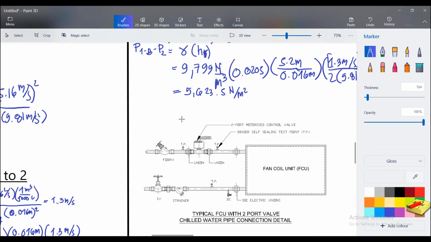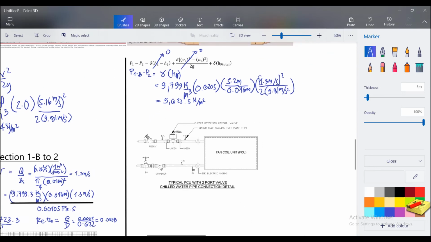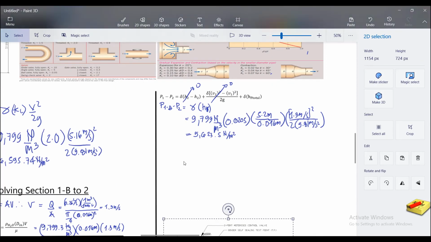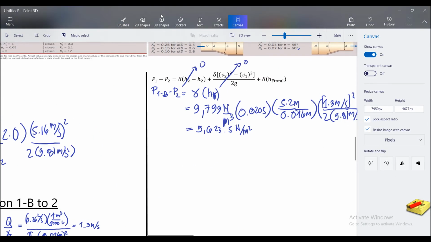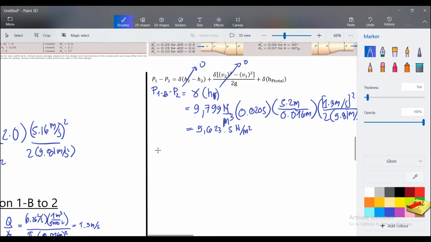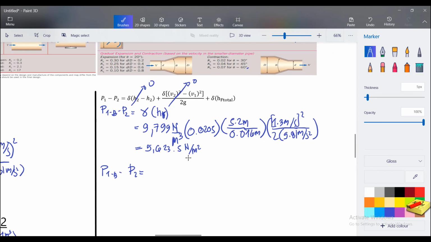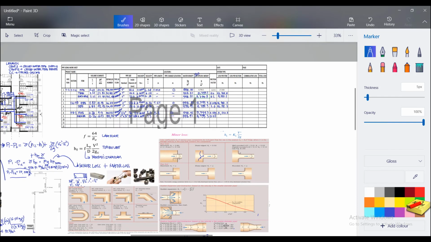So it's also here P1 plus P2. So for your minor fittings, we have your specific weight times your KL, then multiply by V squared over 2g. So that will be 9,799 Newton per cubic meter, multiply by 0.07. Okay.